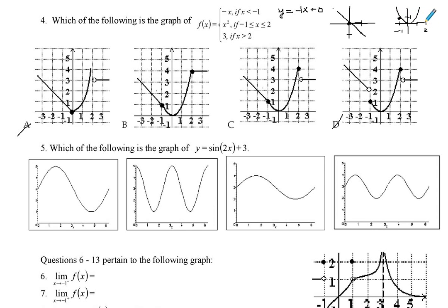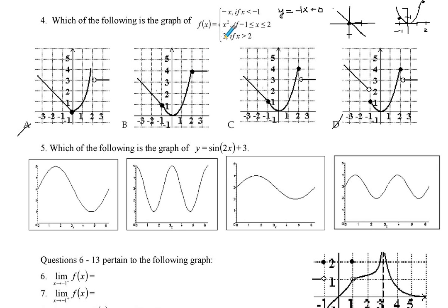And then out here at x equal 2, 2 squared is 4. So it should hit up here at (2, 4). So (-1, 1), yes. (2, 4), yes. So the middle part works for both of those.